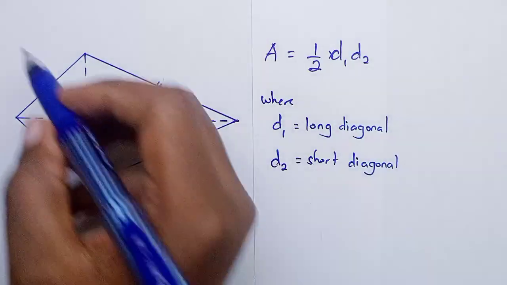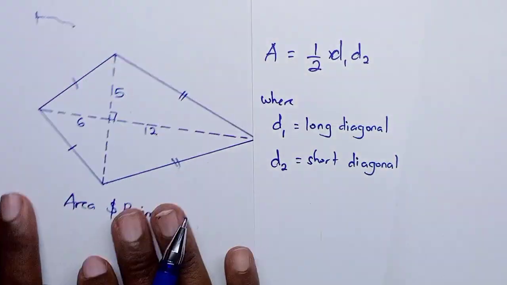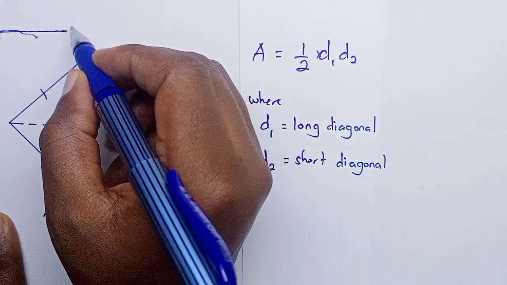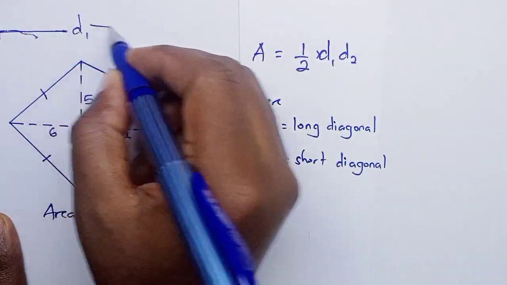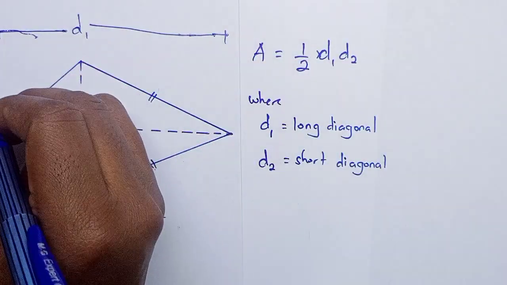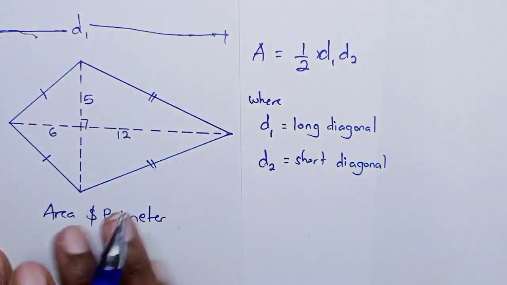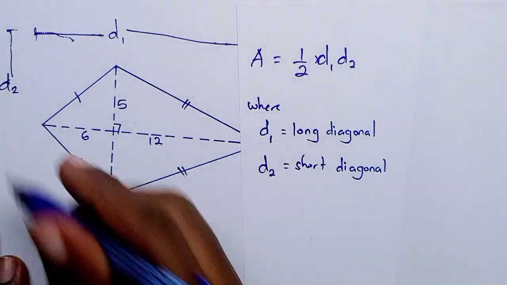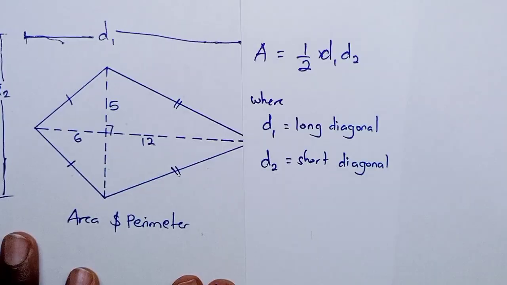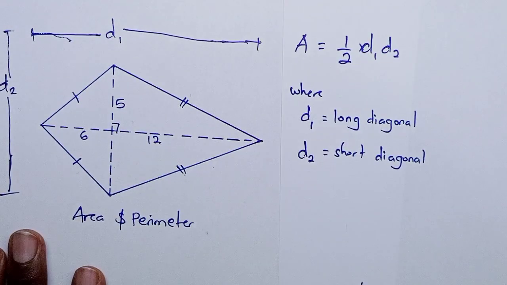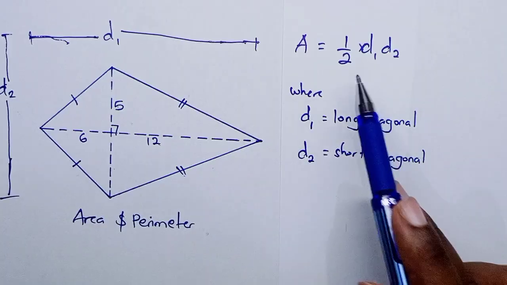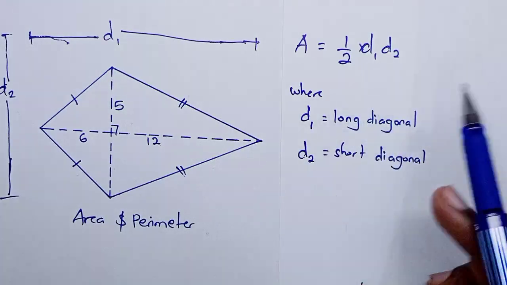So on our kite, this side from here to here is d1, and from here to here is d2. So if this is d1 and this is d2, this is how we find the area of the kite.